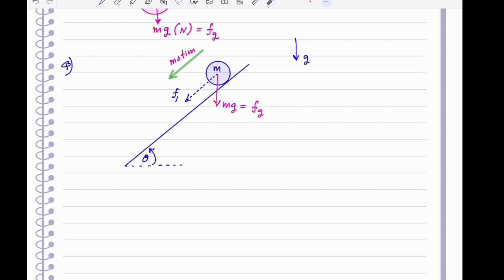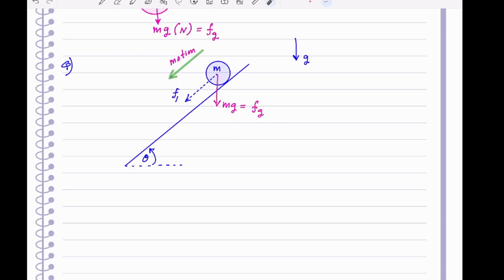What we are going to do is, we are going to resolve. This is the only force which you can see. However, if you want to derive this force, we call it the pulling force. If this object is pulled in this direction, only then will there be a motion in that direction.